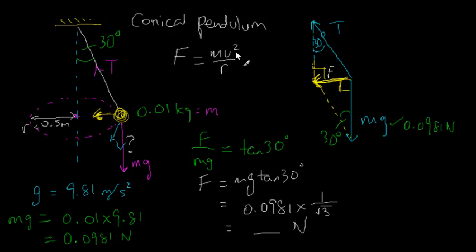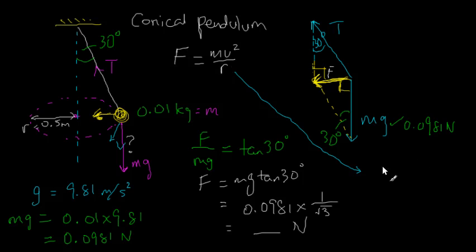Now that I've found the force, I can substitute it into that formula, and since we know the mass and the radius, we can solve for v squared. Let me complete this calculation as far as I can, in this corner here. I want to find v squared, so I'm going to move r and m over to the other side. r goes up, m comes down.